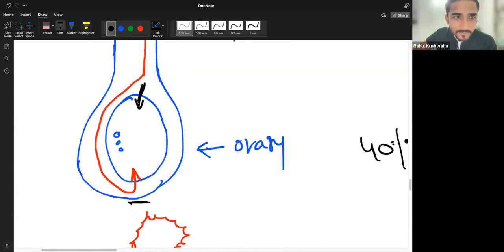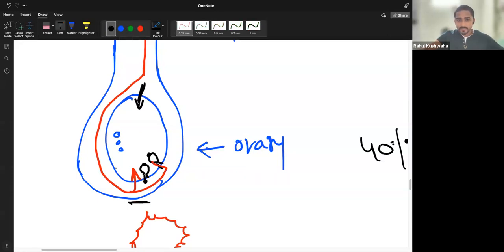So here, the hilum will be here, and the micropyle will be here, right? And this will be the chalazal end. If it has multiple ovules and one ovule is here, then it will be like this: chalazal end here and micropyle here. So to penetrate this one, the tube will have to cover even more distance and enter from here.